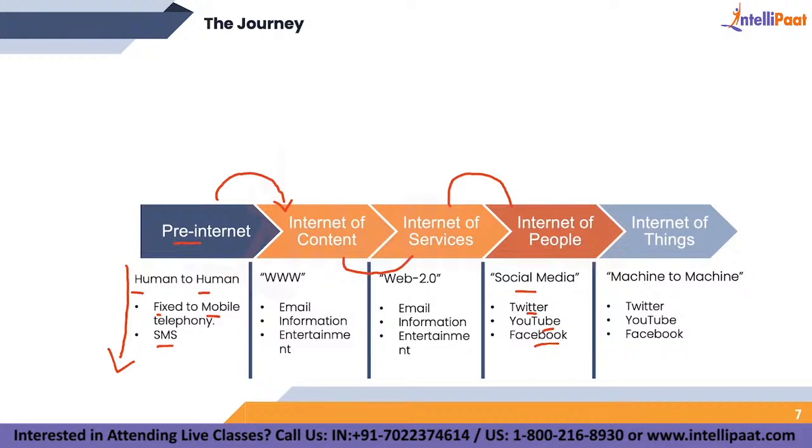So the era started with the pre-internet, then the internet of content, internet of services, internet of people, and the internet of things. I still remember way back when we watched movies like Terminator. They were just science fiction back then, where a machine controls a machine or a network.